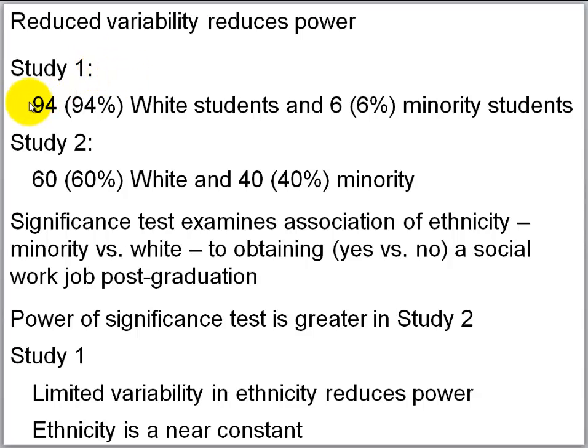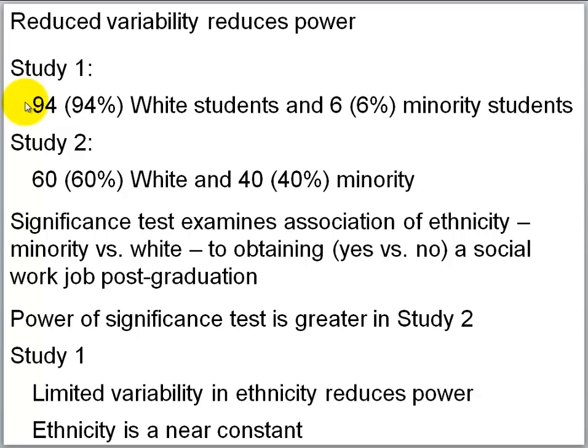We want to look at the relationship of ethnicity to job attainment. In other words, we want to look at, do white students and minority students differ in how effective they are in terms of obtaining jobs? Now suppose that study 1 has a sample of 94 white students and 6 minority students.